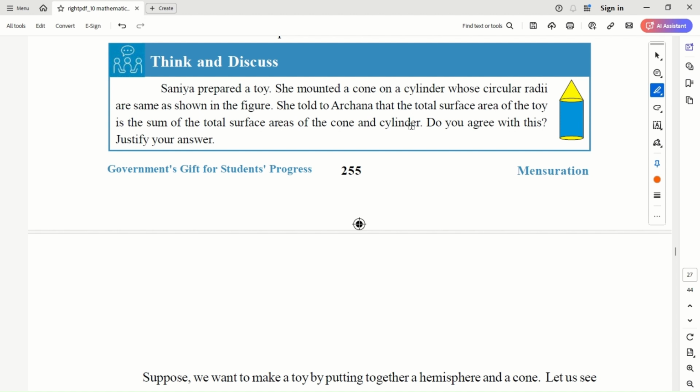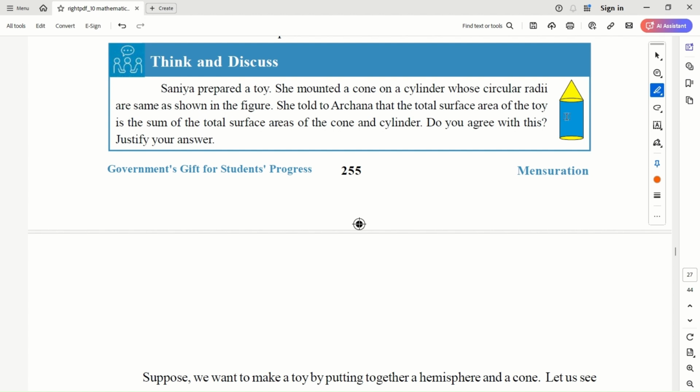The missing one is that whenever you are combining two solids and calculating the surface area, there is some surface area which will be missing. Some surface area will always be missing, so you should recalculate.